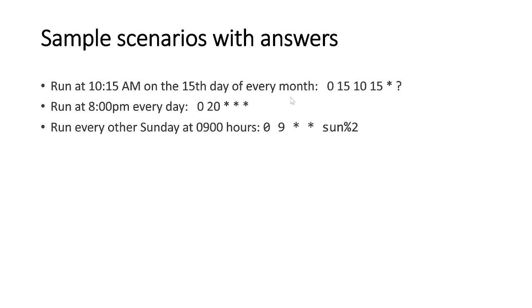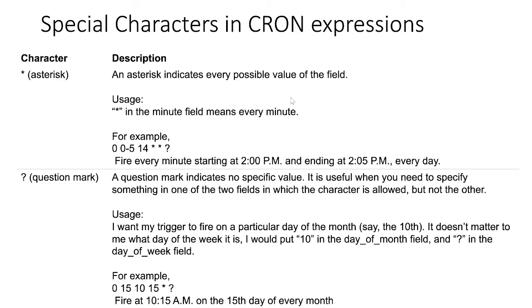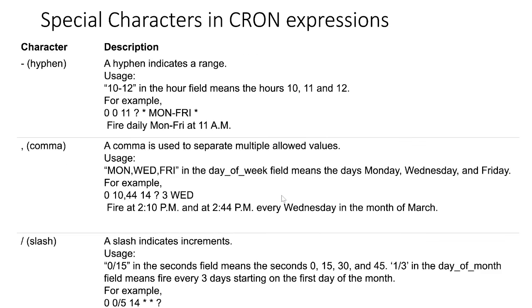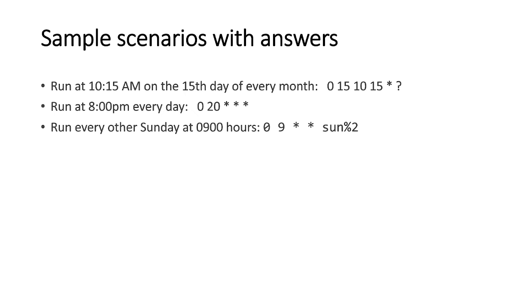I will show you my sample again. I want to run it on the 15th day of the month. I have the day field here. The third one will be my day field, the fourth one will be my month field. So I want to run it on the 15th day of every month.